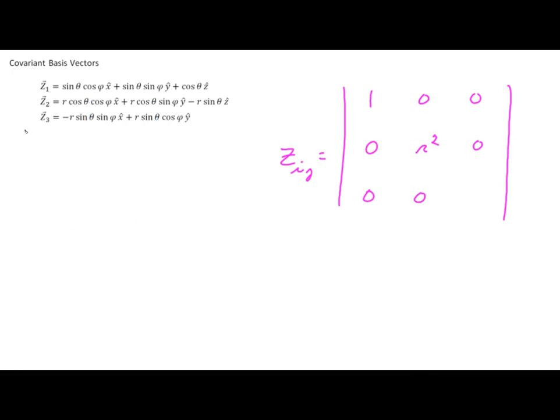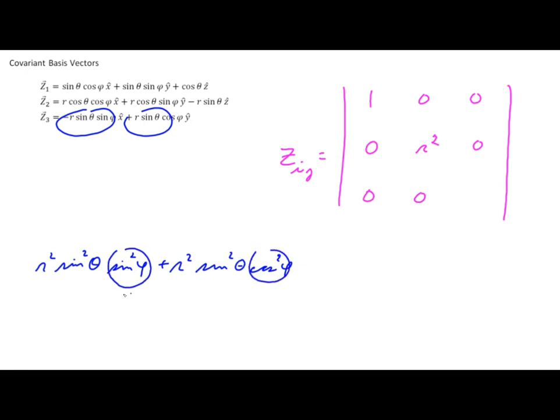And finally, z3 dotted with itself means that we're going to have to take the square of each of these two terms, add them together. R squared sine squared theta sine squared phi plus r squared sine squared theta cosine squared phi, and the same drill as before.